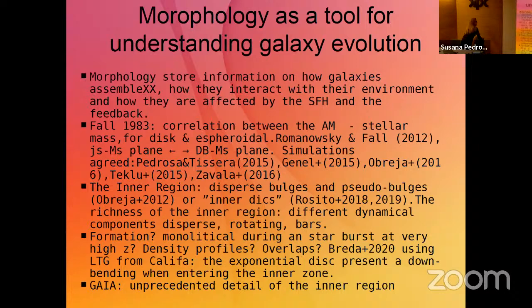I decided to study morphology because morphology encodes a lot of information about the assembly processes of galaxies, how they interact, and how they are affected by different processes through the evolution, and especially how they are affected by the feedback because of the star formation, that is known to be a problem in simulations: how to regulate the star formation through the redshift in order not to overproduce stars at redshift 0. That's a big issue.